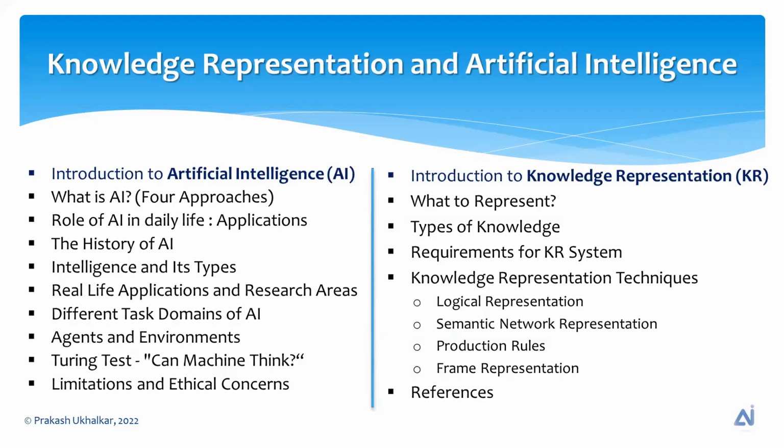Knowledge representation is about the world in a form that a computer can use, that information, to solve complex tasks, such as diagnosing a medical condition, or having a dialogue in natural language, or how things can be explored in space, right?